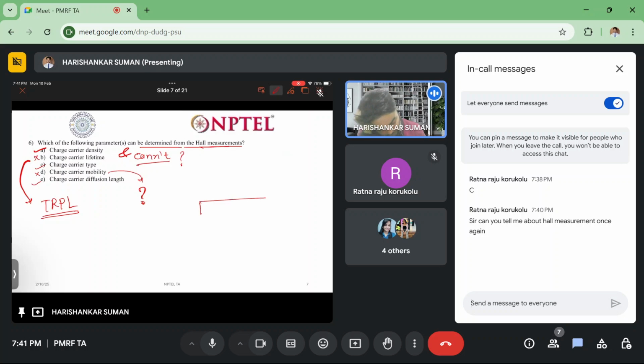We have a semiconductor, let's say we have a material. If we apply an external source, a battery, and an electric field, and also a magnetic field, let's say B, and let's say an electron.